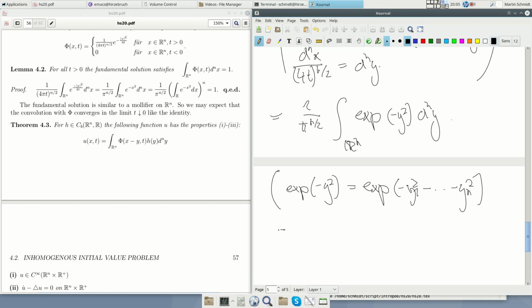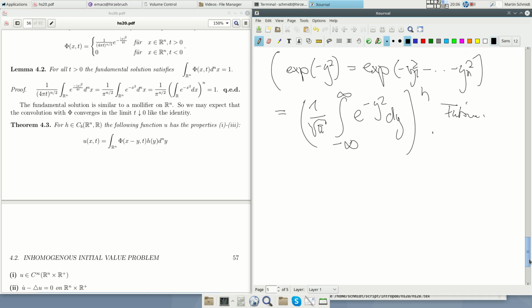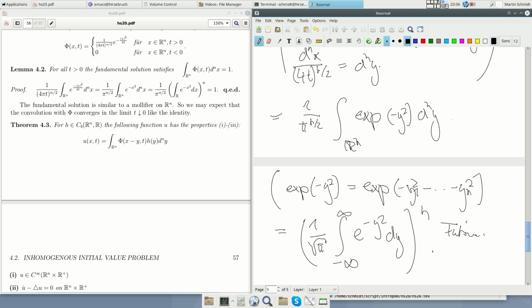So this is nothing else but 1 over square root of pi times the integral of exponential of minus y squared dy, to the power of n. Since this is just a product over any component, and by Fubini, here we used Fubini, we write this integral as an integral over all the components.